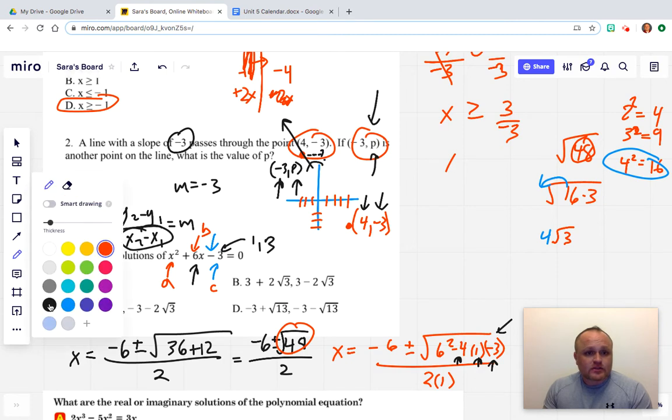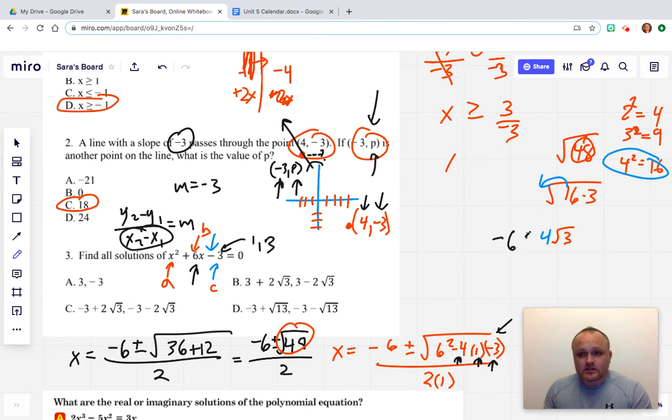The rest of this stuff is still the same. You have negative 6 plus or minus that over 2, and now you can reduce this. You can break this up because it's adding and subtracting with a common denominator of 2, so that it would look like this.